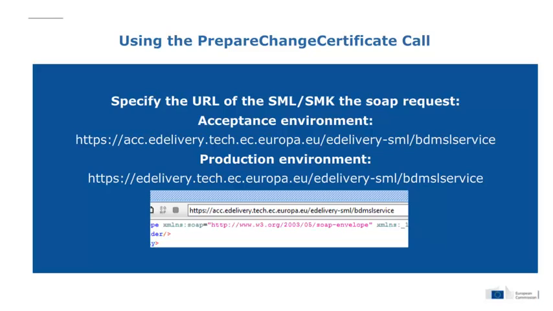If, however, you're in production, it would be https://edelivery.tech.ec.europa.eu/edelivery-sml/bdmslservice. The difference here is the ACC that would define if you're in acceptance or production. Once you plug in that URL, you may execute the call.